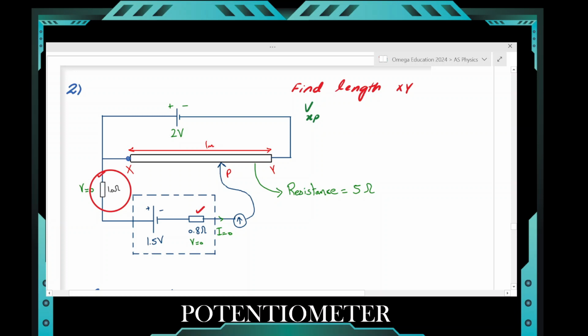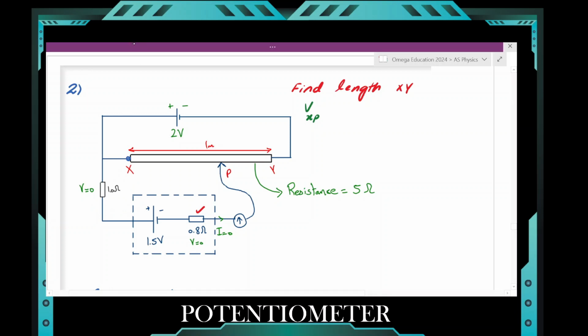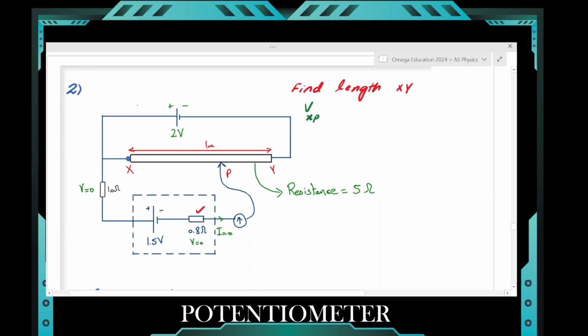But once again, this resistor is redundant. It's not even used. Since no current is flowing through the lower circuit, there would be no voltage drop across this resistor. If you try to find a pathway for the current, let's say I start the current from this side.